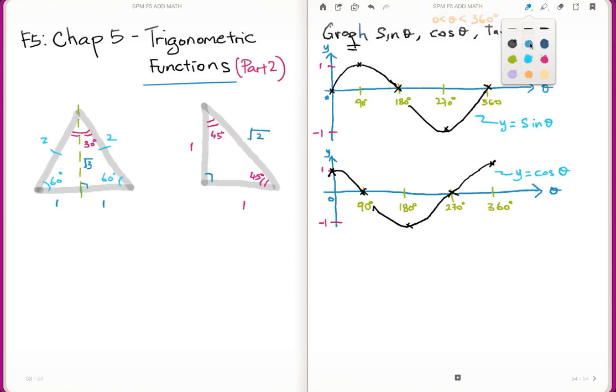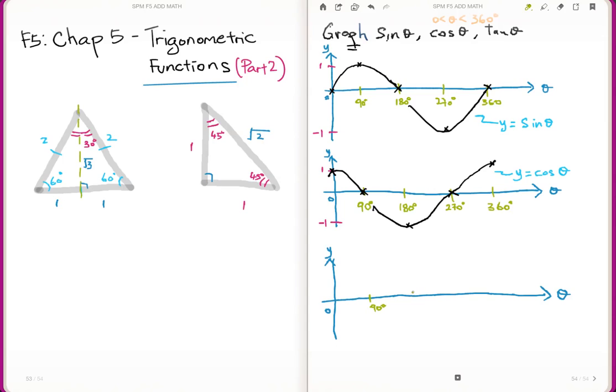Lastly, will be for tangent. Tangent, again, is not really the same, but very close to it, but you still need those axes, 0, y, and then 90 degree, and then 180, 270, and then 360.